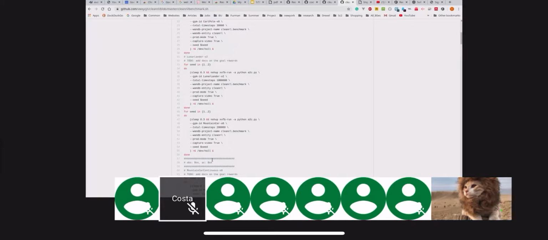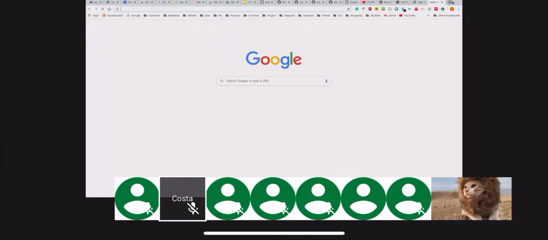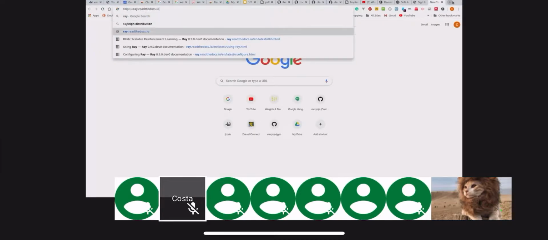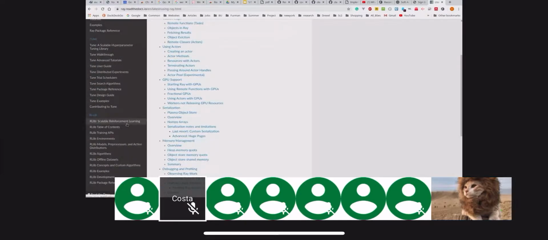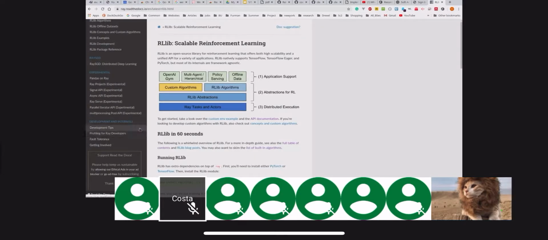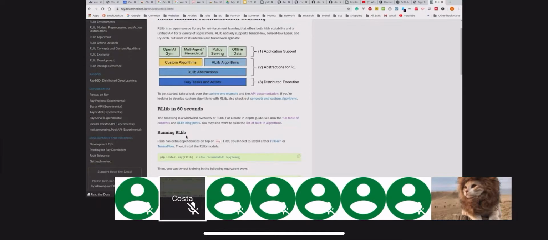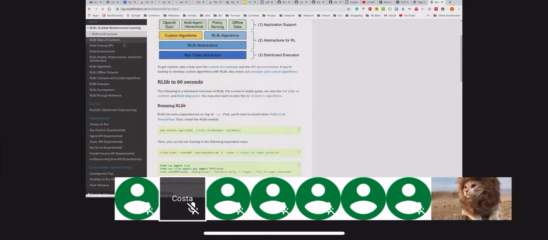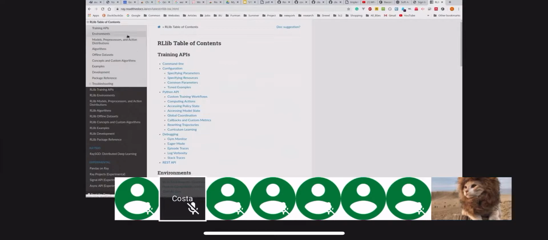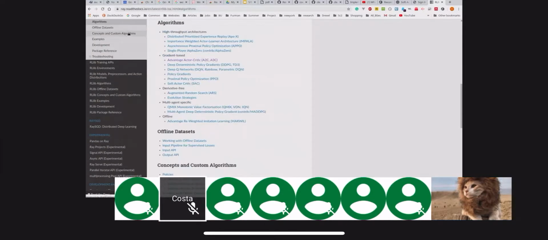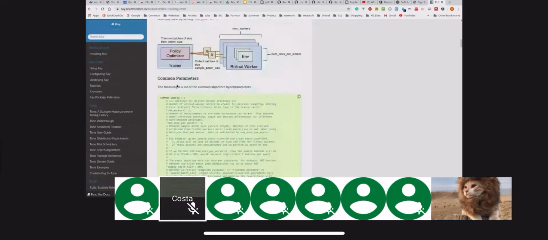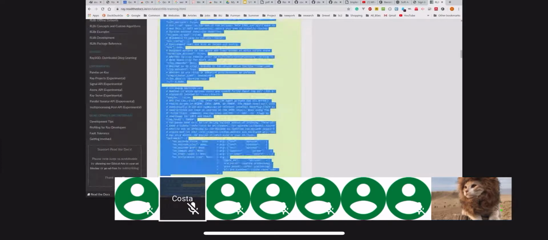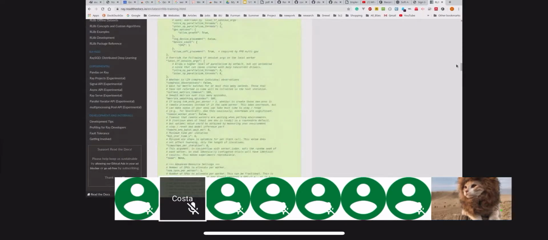For example, maybe that's not an issue with config files in general, but when I was trying something out like RLlib, they have a configuration file, and it's vastly complicated and doesn't show you any code.